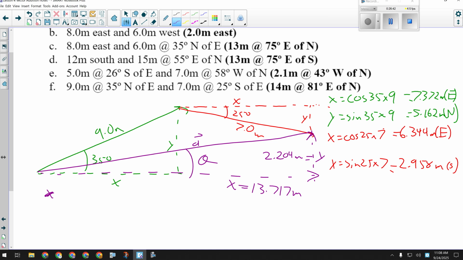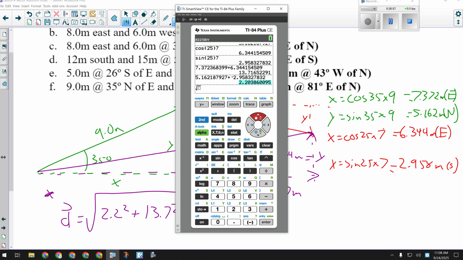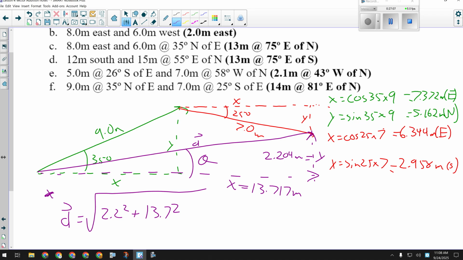Okay, now I can do my Pythagorean theorem. Okay, so that'll be the 2.2 squared plus the 13.7 squared. Okay, so my overall displacement's 13.892 meters.